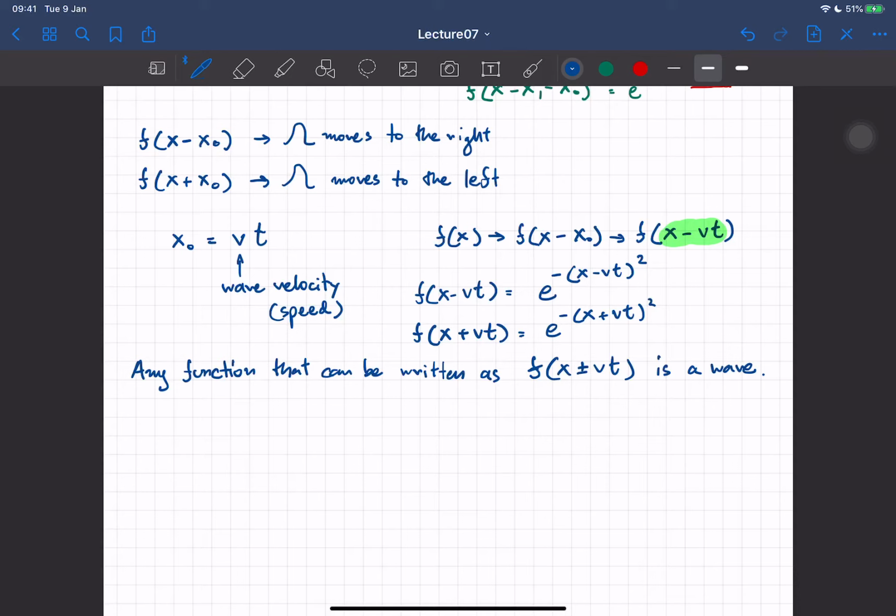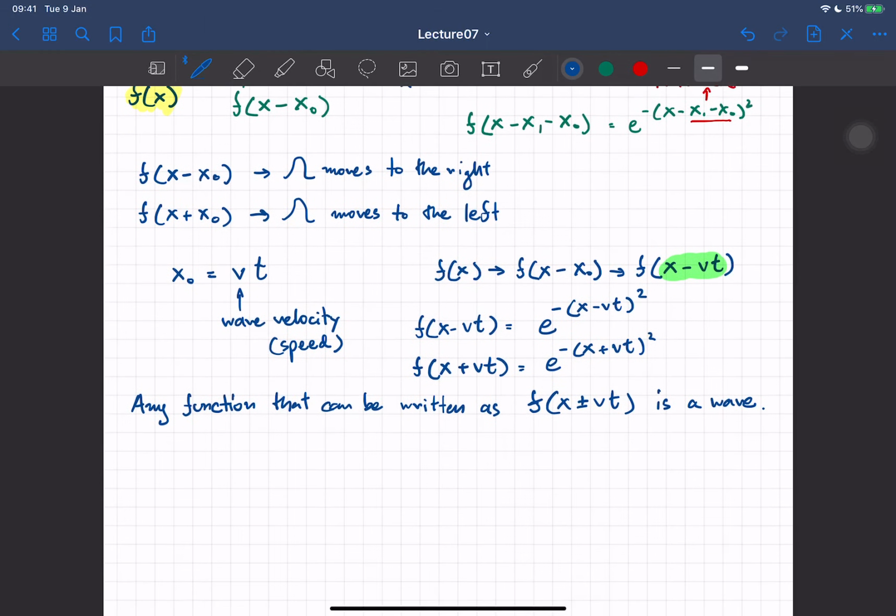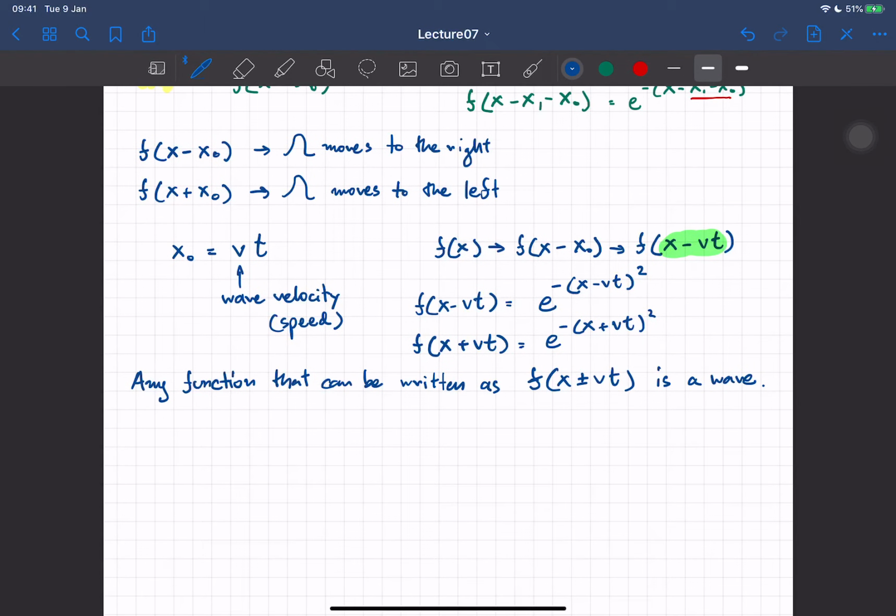So this is purely from the mathematical language, and we're going to restate this again in maybe a more mathematical way, but this is essentially what we mean by the whole discussion here, that if you have any function which can be written in this form, then it's a wave, because it means that the shape of the function stays the same, but the function just shifts to the right or shifts to the left.